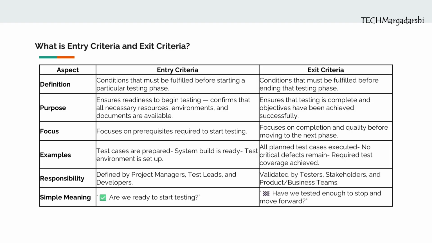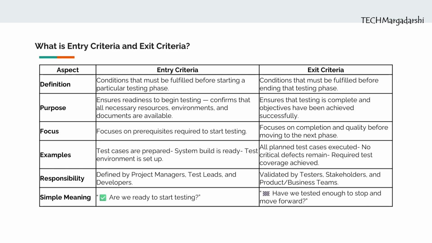Now, move on to the next question. What is entry criteria and exit criteria? Definition. Entry criteria are the conditions that must be fulfilled before starting a particular testing phase. Exit criteria are the conditions that must be fulfilled before ending that phase. Purpose.